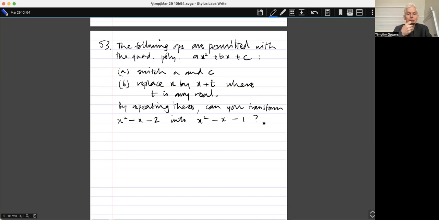Well, one little thought here is that if you start with ax squared plus bx plus c and you switch a and c, then whatever roots you had of the original polynomial, you end up taking the reciprocal of those roots.